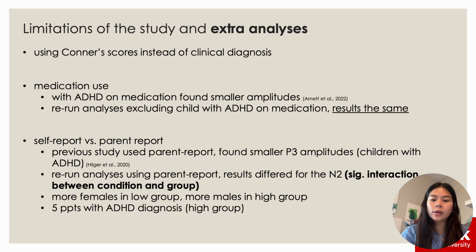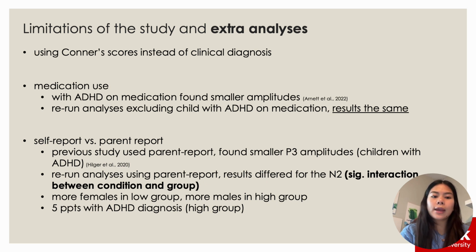Another limitation of my study is medication use. One child in the high ADHD trait group does have ADHD and was on medication during the study, and this could have caused the results that we have now, because one study found that children with ADHD on medication had smaller amplitudes compared to children without ADHD.